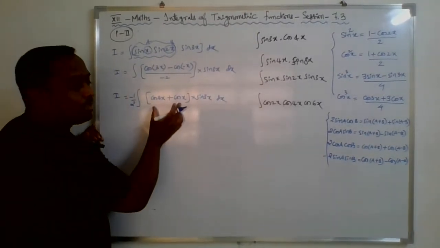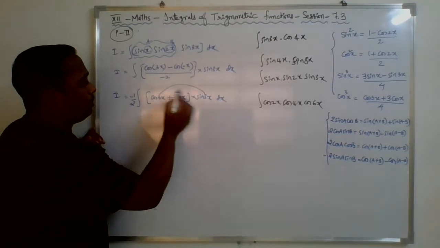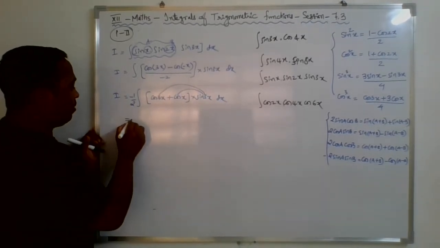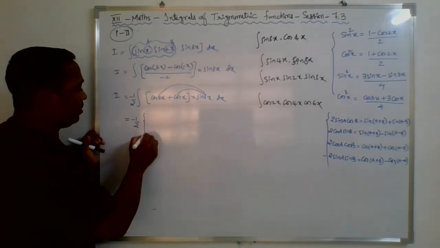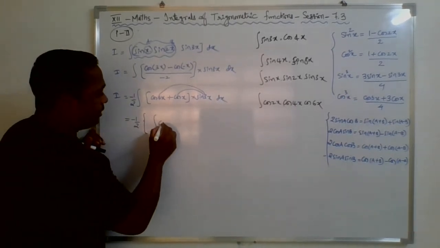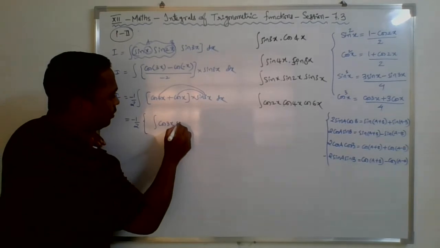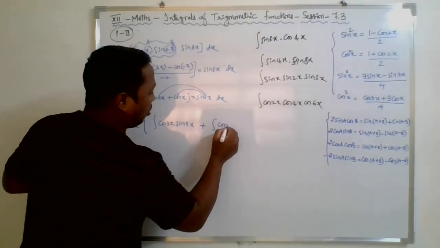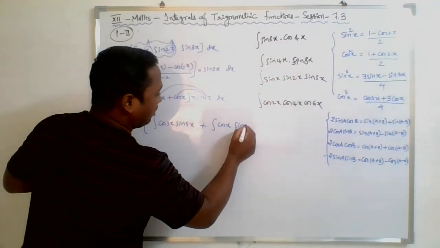So now since it's a binomial, I can multiply with sin 3x inside twice. It's converted into cos 3x into sin 3x plus cos x into sin 3x.